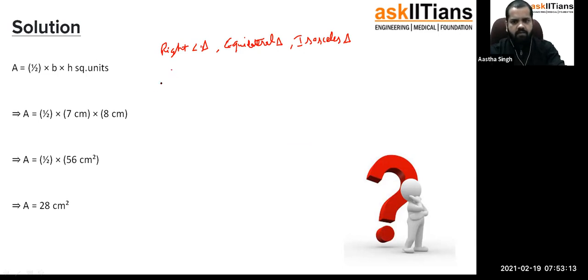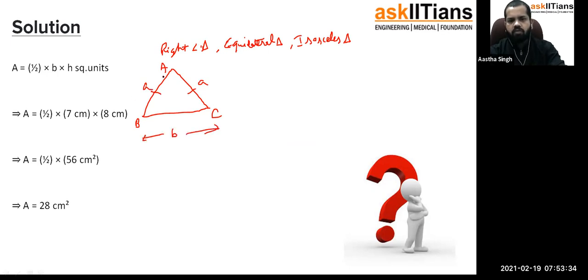So your point A, point B, point C, right? In isosceles triangle, two sides are equal. So these are A and A both, and the third side is unequal. This is B.